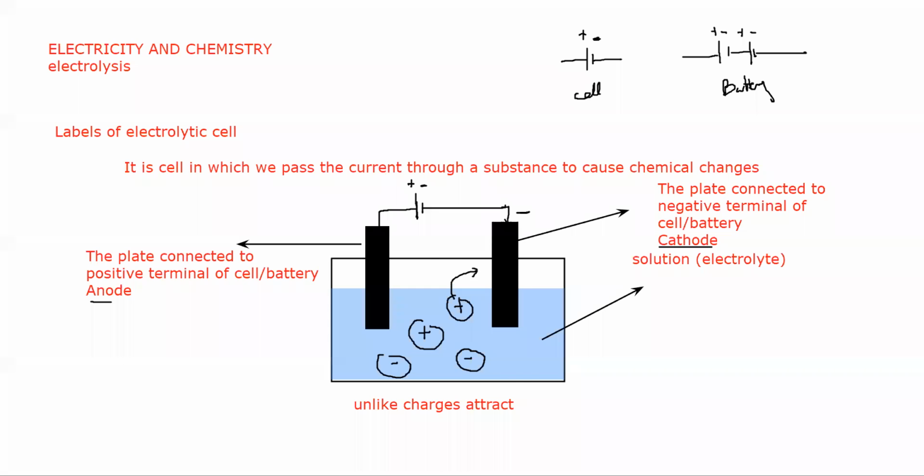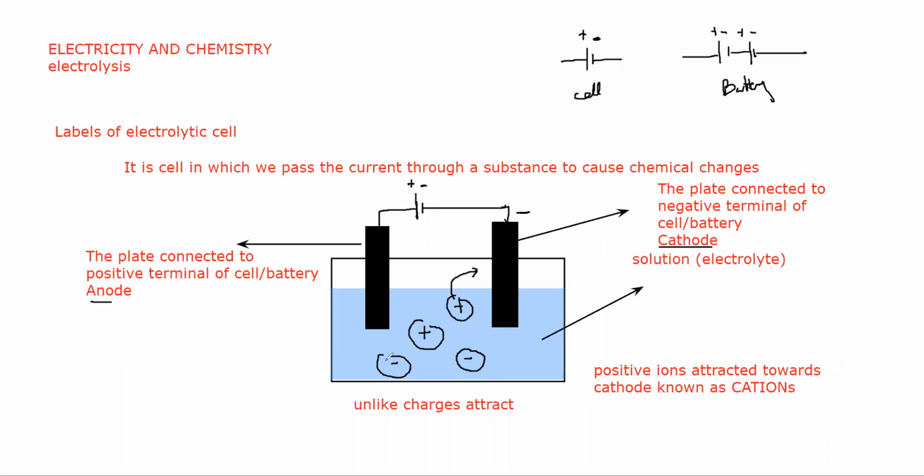So as the positive ions move towards cathode, they are known as cations. Why cations? Because they are attracted towards cathode.